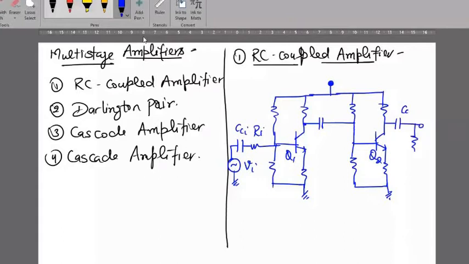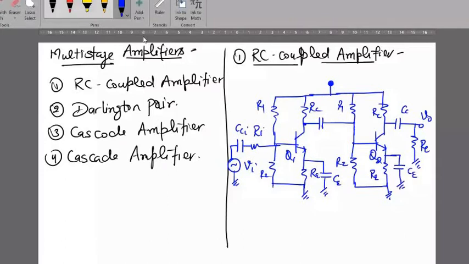This is the emitter resistance as usual, R1, R2, R1, R2. Across the emitter resistance you take a capacitor, called the emitter bypass capacitor, and this is RC, this is RC. Again we take another emitter bypass capacitor here, this is CE. This is the RC coupled amplifier.